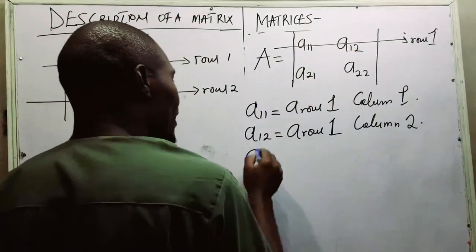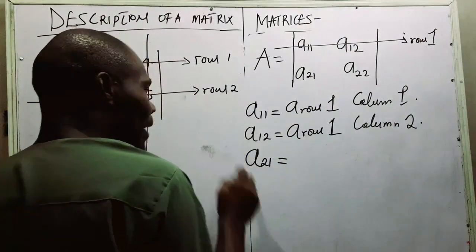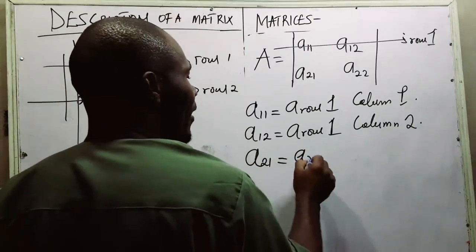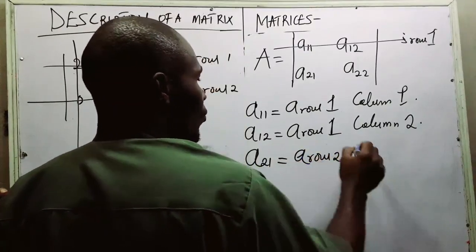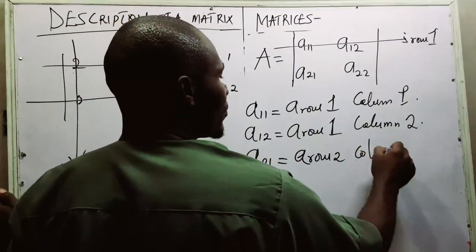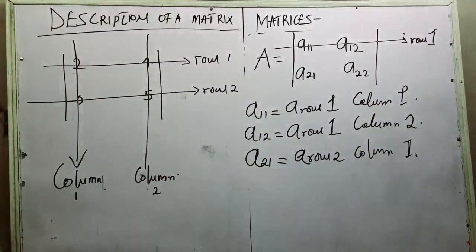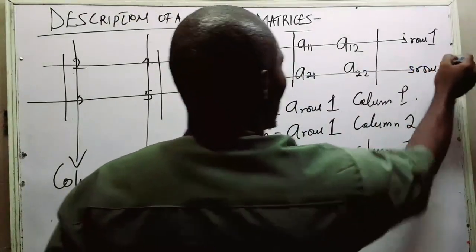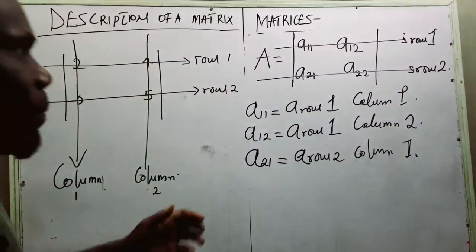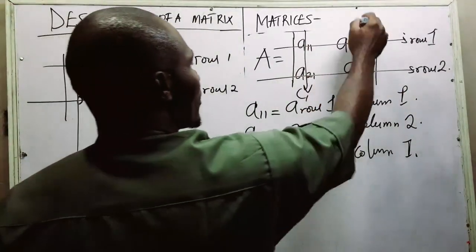So this one, we call it A21, but it's not A2. What we call it is A row 2 column 1. It falls in row 2, under column 1.